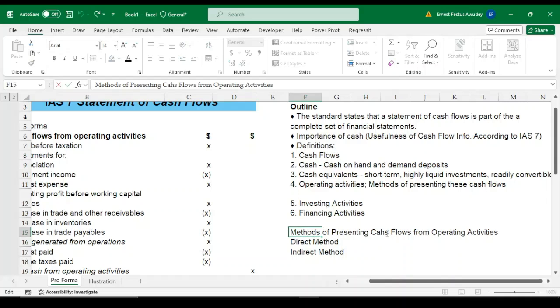Methods of presenting cash flows. Let me quickly correct that.